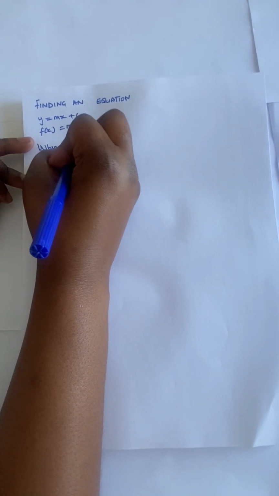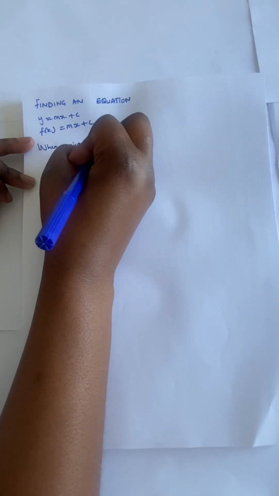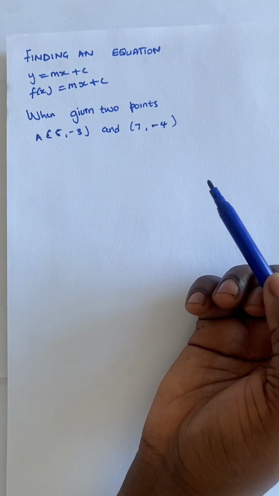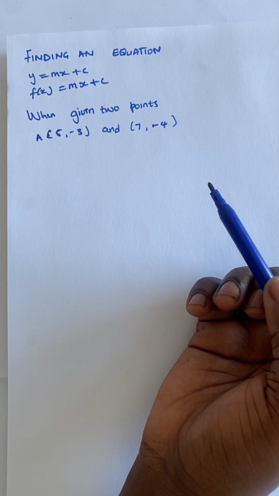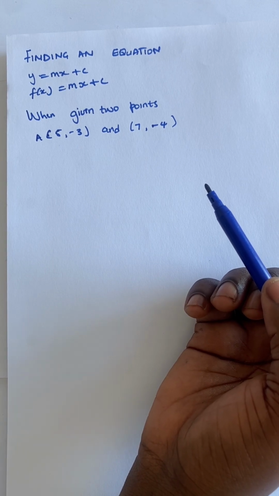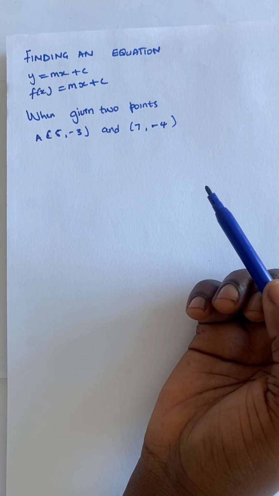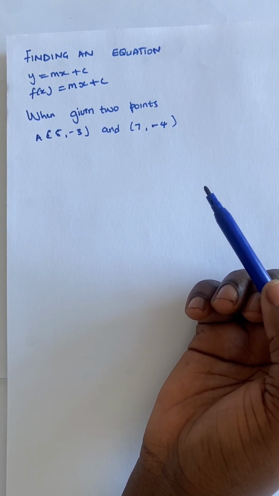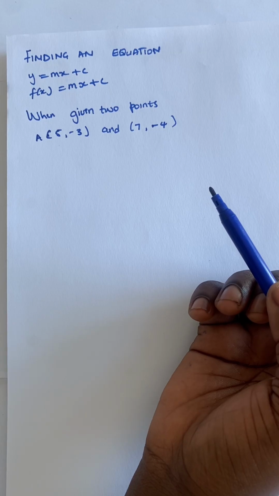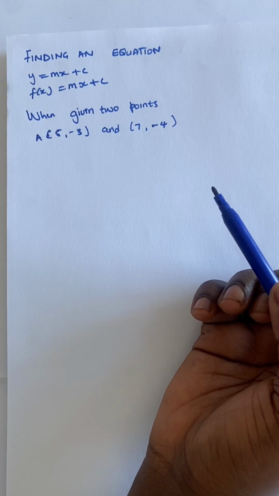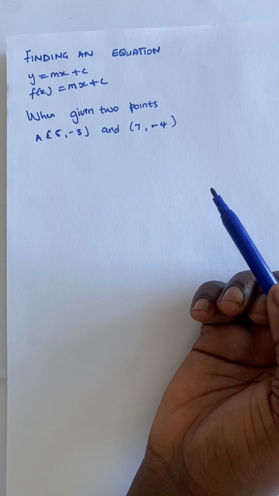Given 2 points. So finding an equation of a straight line graph, obviously in the form of f(x) = mx + c or y = mx + c. There are 2 ways of finding it. They definitely have to give you 2 points for you to find the equation.